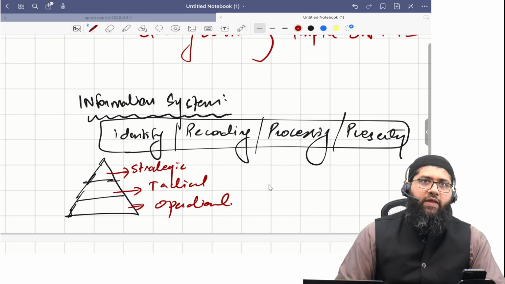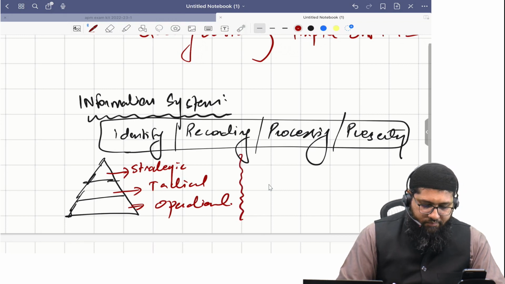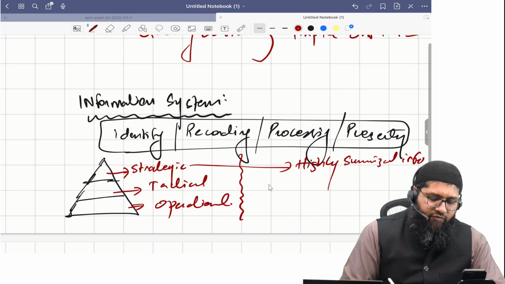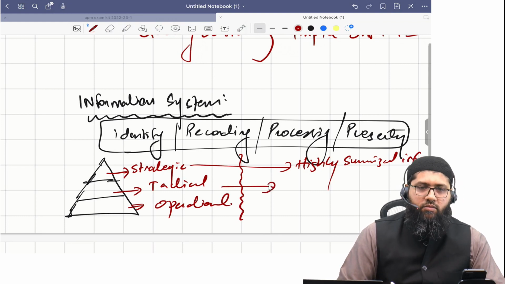Now what you need to do is that you need to understand this thing, that basically this strategic level management needs highly summarized info. The tactical level management, what do they need?